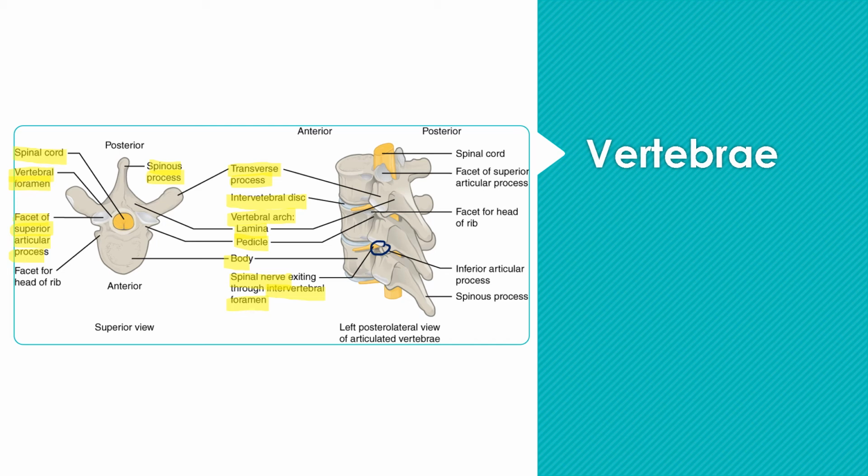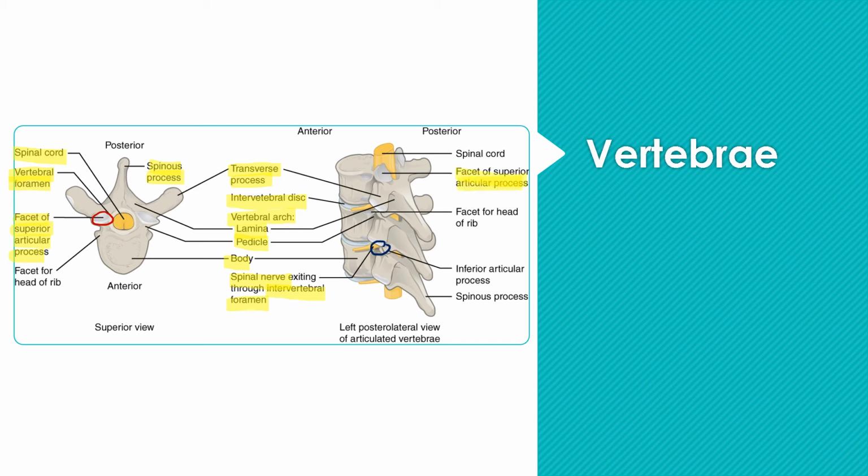There are 2 superior articular processes, and these are going to form joints with the 2 inferior articular processes of the vertebra immediately above them. So here these superior articular processes are going to connect to the inferior articular processes of the vertebra right on top of them. And we can see this here as well.